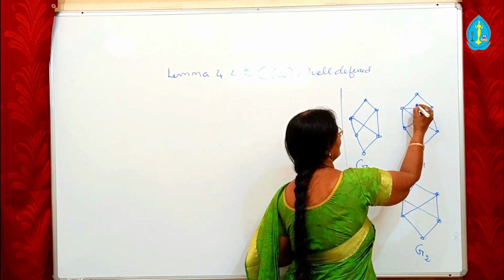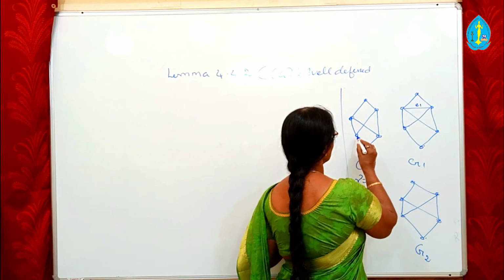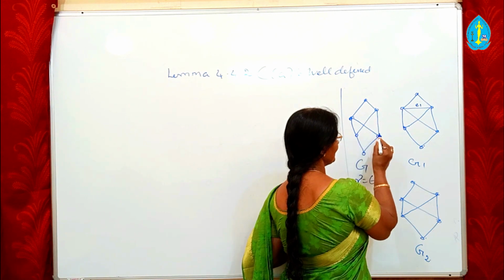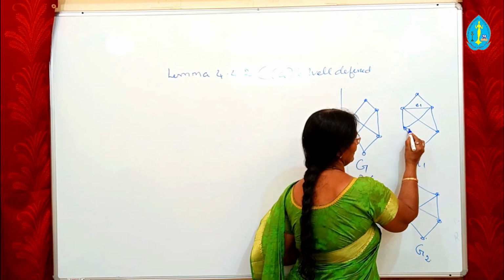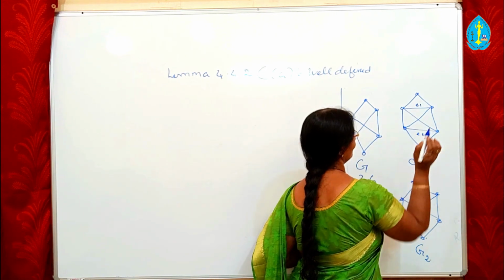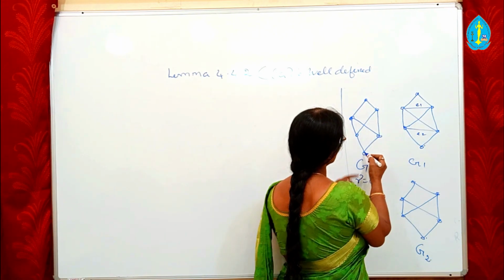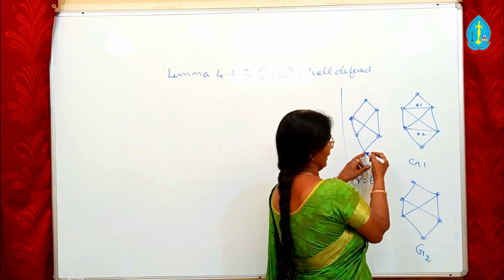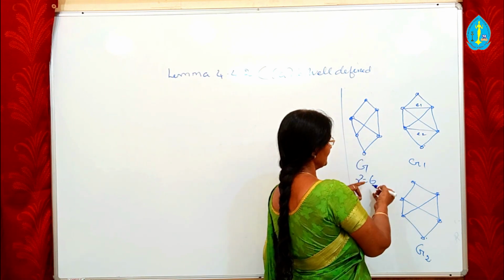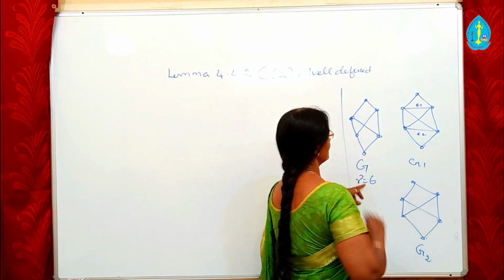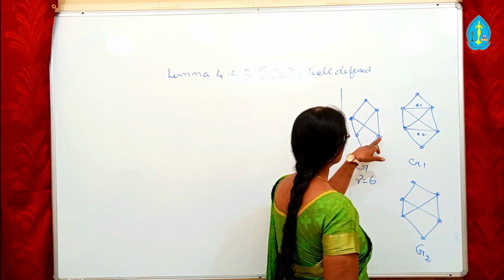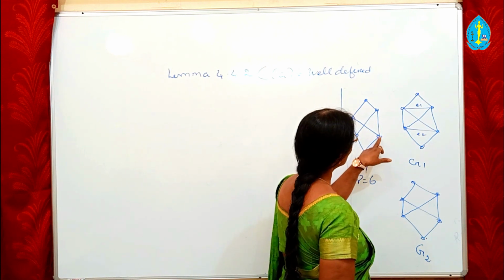That is E1. And this is 3 plus 3, 6, so I joined the edge E2. Next, 3 plus 2 is 5, which is less than 6. We cannot join.